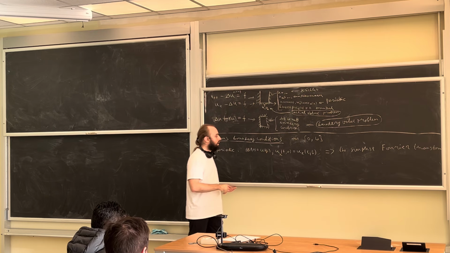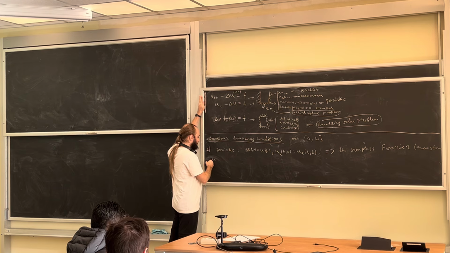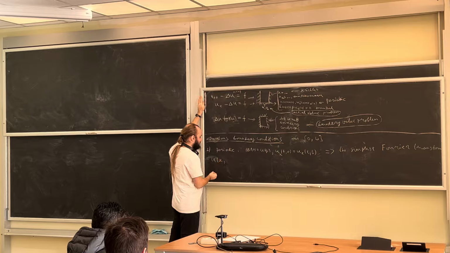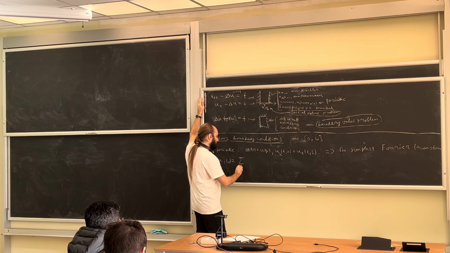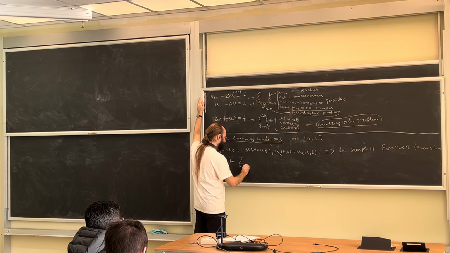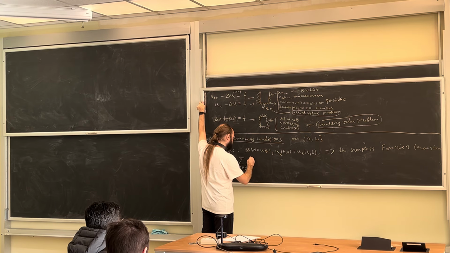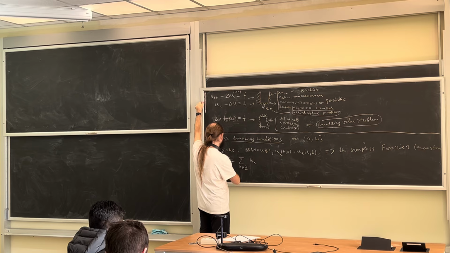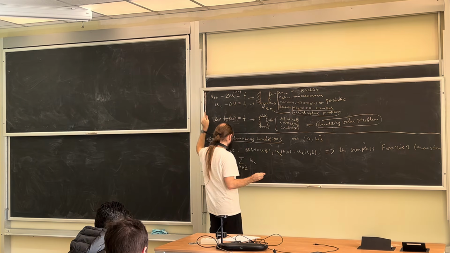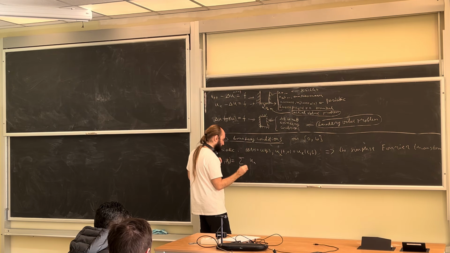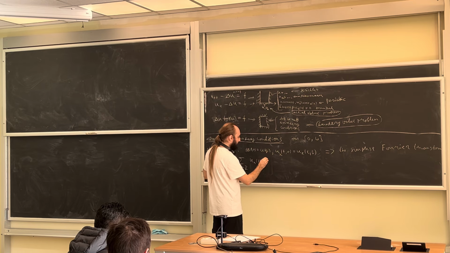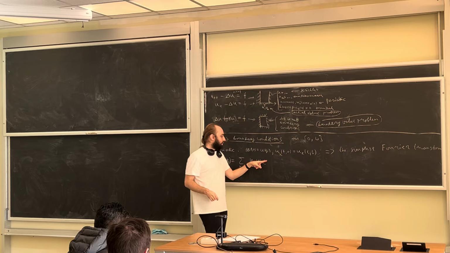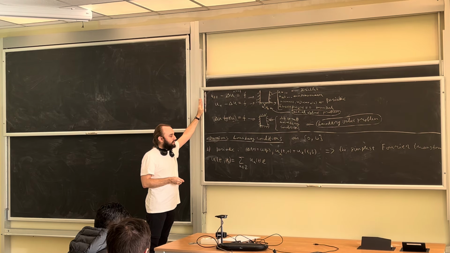Now we can say that this u of t and x is a sum over integers n of un of t times e to the... But what should we put in the exponential?